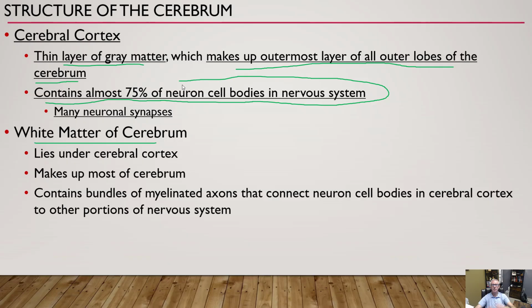Not the central nervous system, but the nervous system as a whole. So just think about that. 75% of the neuronal cell bodies in the nervous system. So a lot of neuronal synapses in this thin layer of the brain.